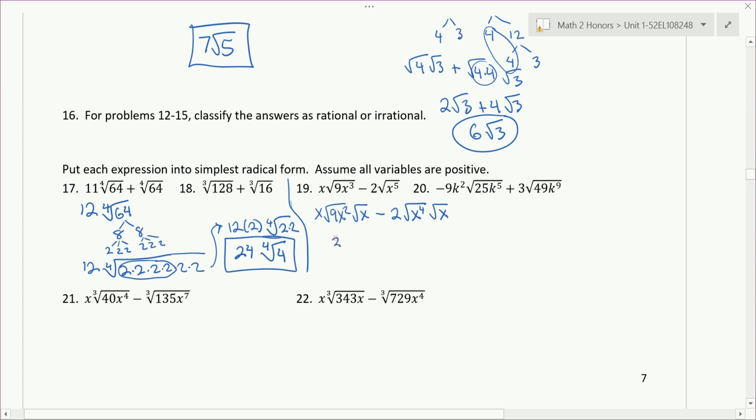So this gives us 3 times x, so 3x squared root x, minus 2x squared root x. 3x squared minus 2x squared, well, you go 3 minus 2, which is 1, and leave it x squared, so 1x squared root x is our answer.